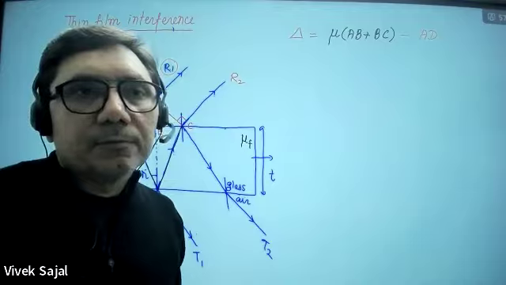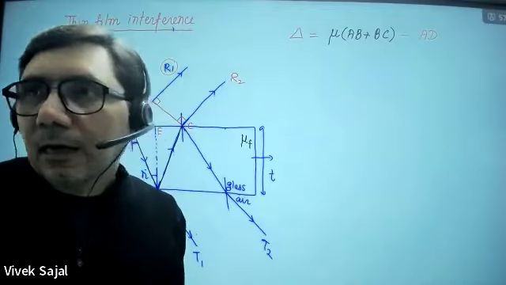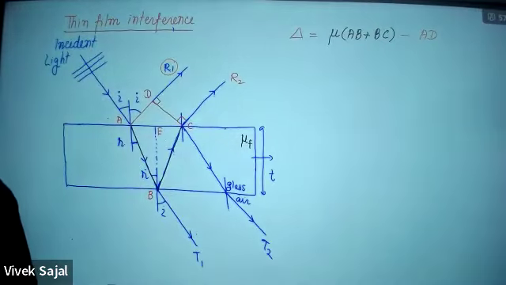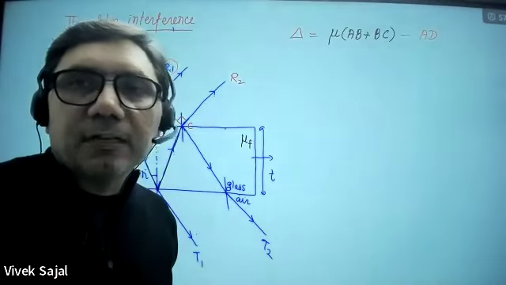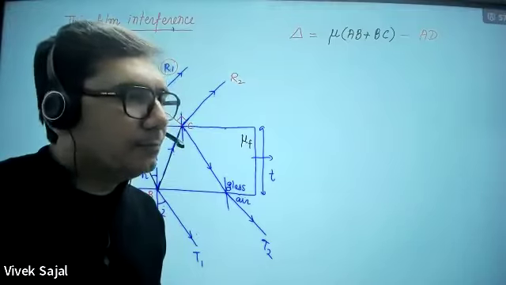So a phase change of pi will take place for the reflected light R1.